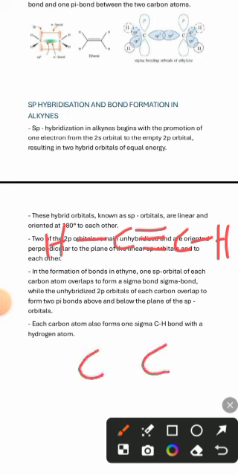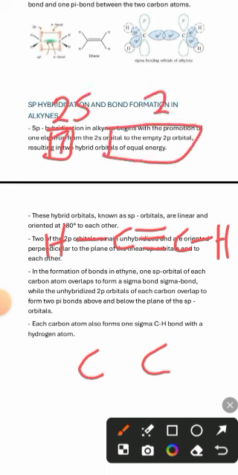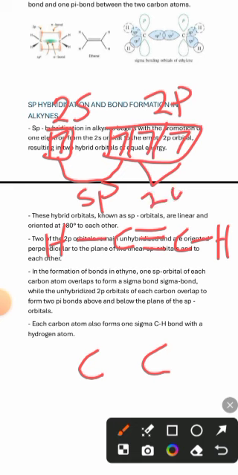Now we know that in the sp, we have the 2s with only one electron and the 2p with three orbitals with one electron each. sp is telling us that we pick one s orbital and one p orbital to form the hybrid orbitals, leaving two unhybridized orbitals.